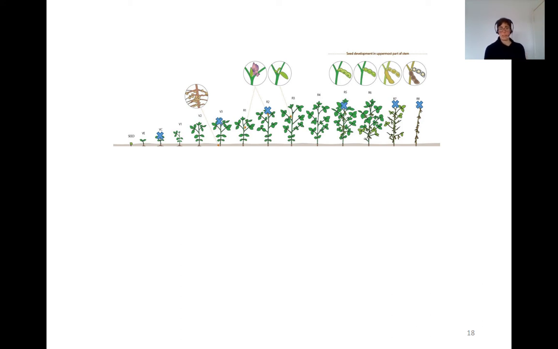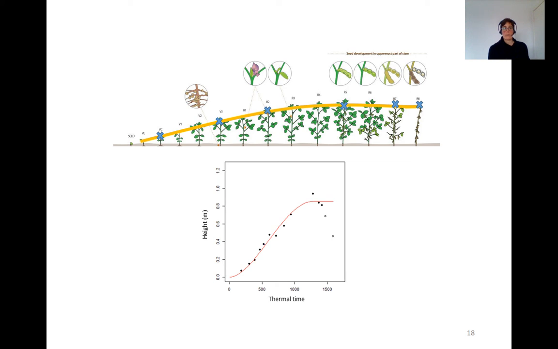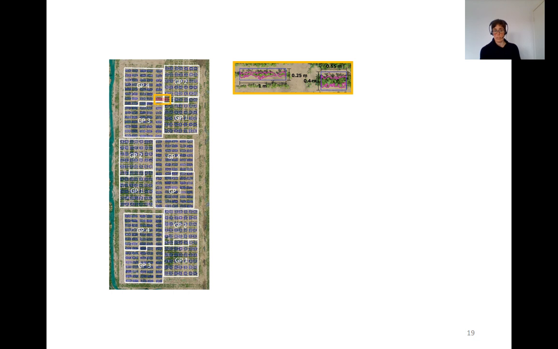As we fly at different moments of the growing season with all those points, we can then fit a curve and extract some relevant information from this curve. And as we can cover the entire field trial, we have such a curve for every single plot established in the field.